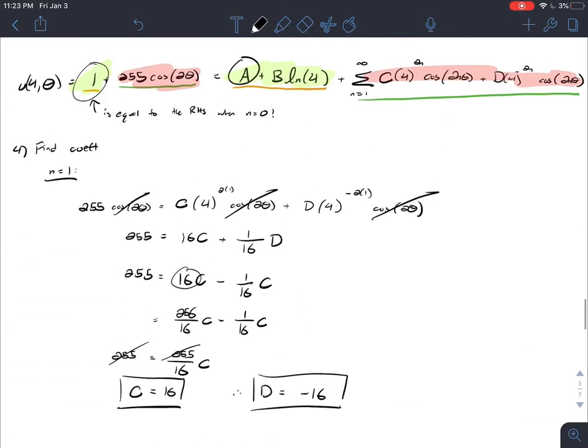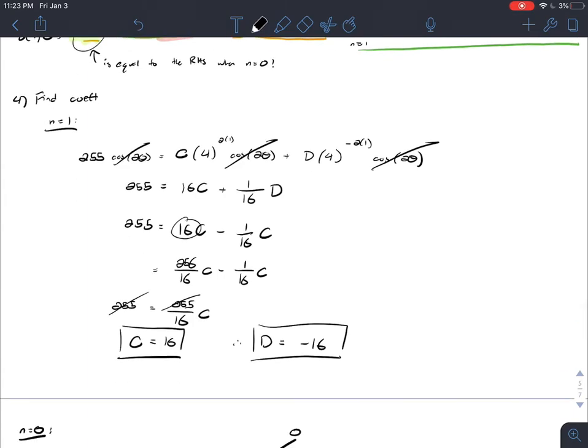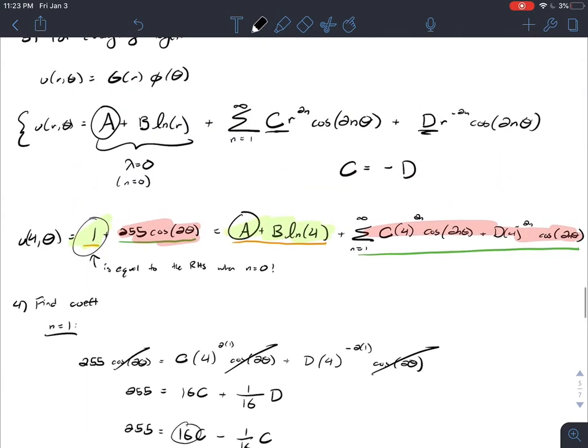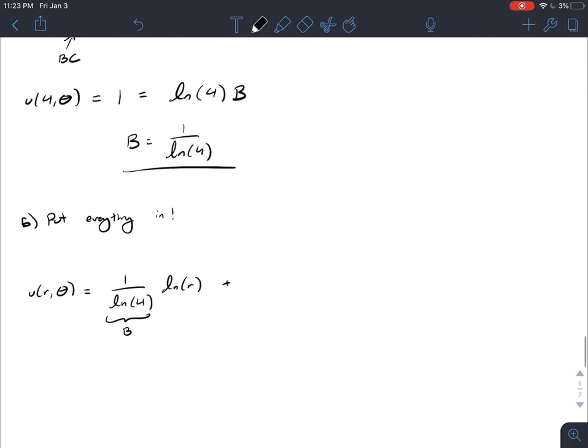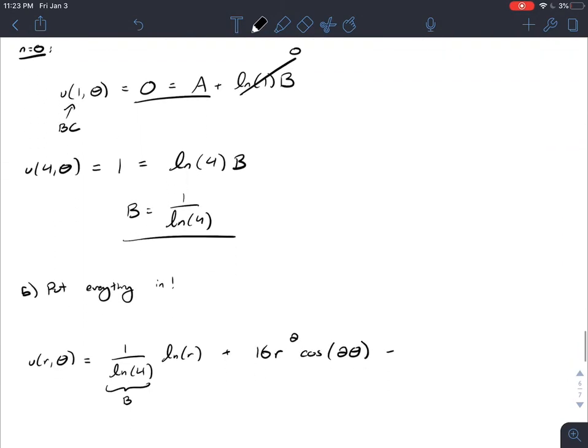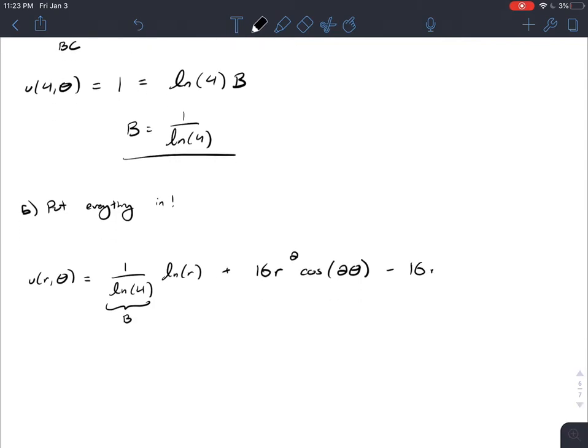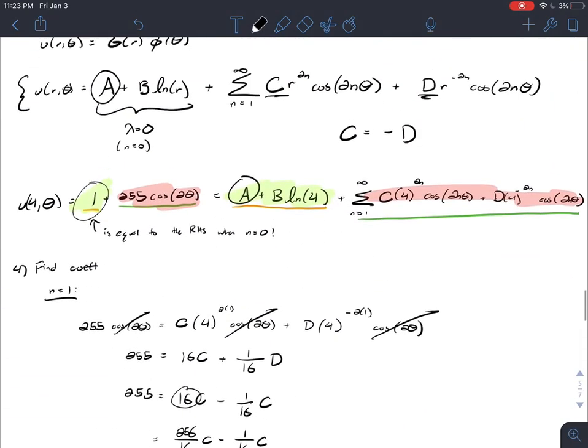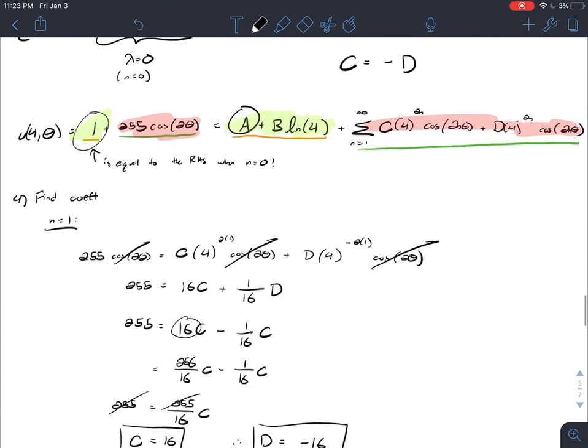There's no summation term because we have found specific cases where n is equal to 1 in our summation. So n equals 1 is the term from the summation, plus 16 r to the 2 for n equals 1, cosine 2 theta, minus 16 r to the negative 2 times cosine 2 theta.